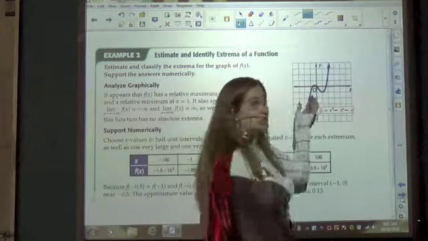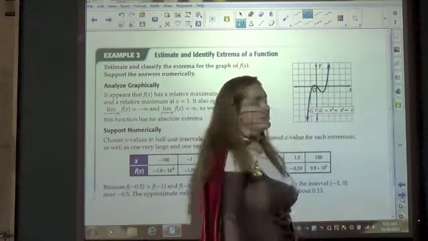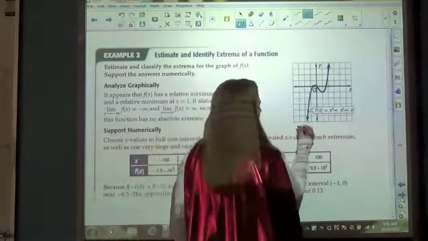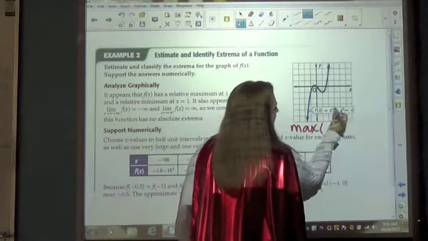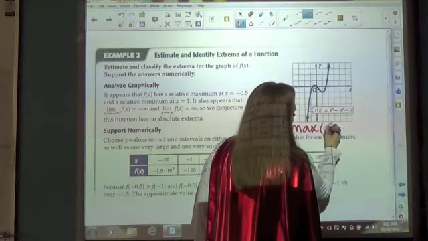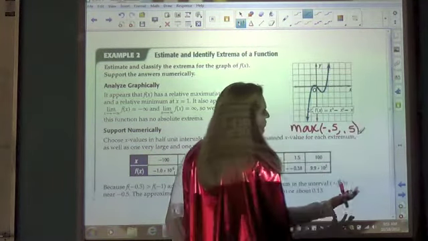All right, so if I just look at it, there's your relative max, there's your relative min. Pretty simple. If I was just to estimate my relative max, that's about halfway in the middle, so negative 0.5, and about 0.5 up.